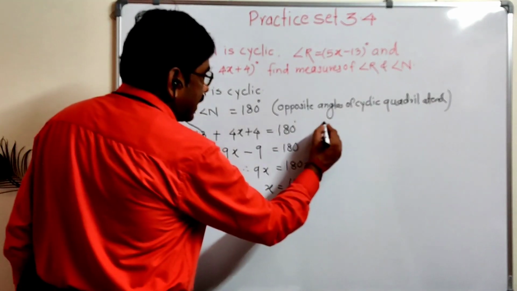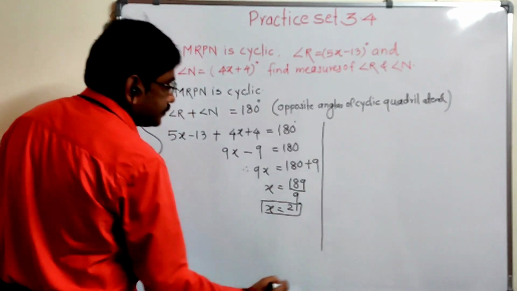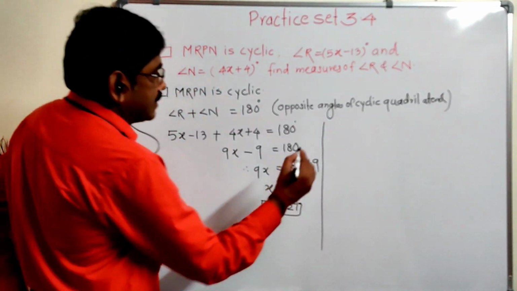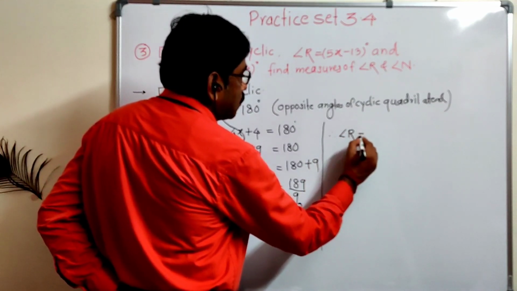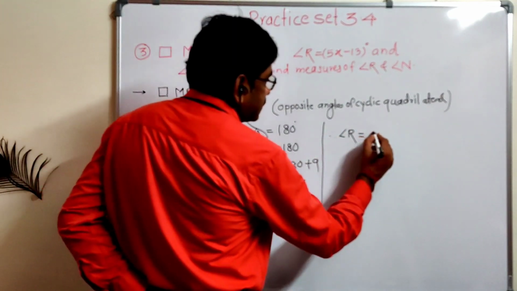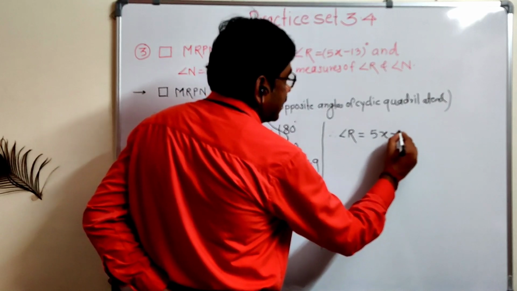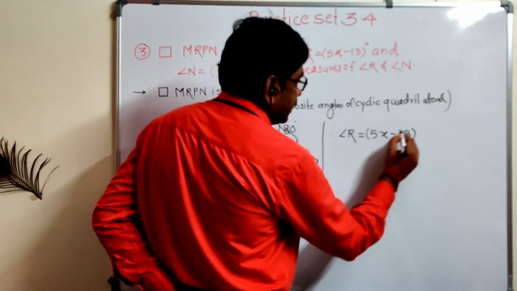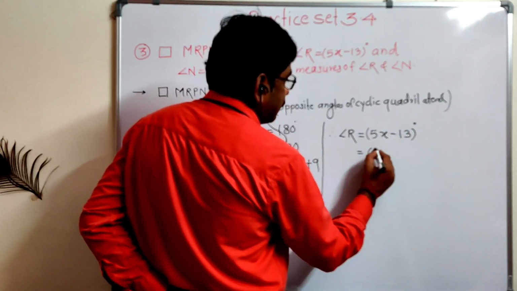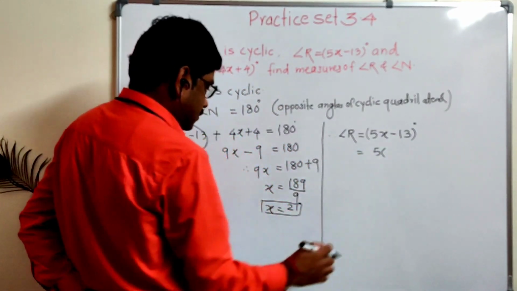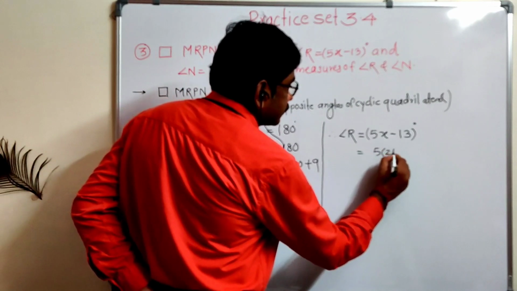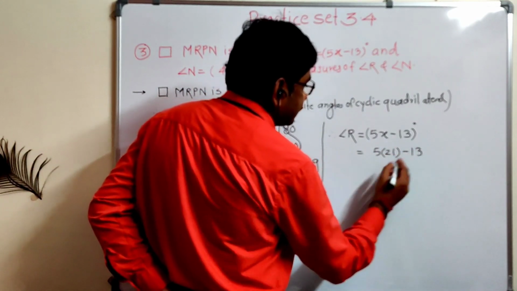Now we have to find this angle R, and therefore angle R is equal to 5x minus 13 degrees. So we get 5 into 21 minus 13.